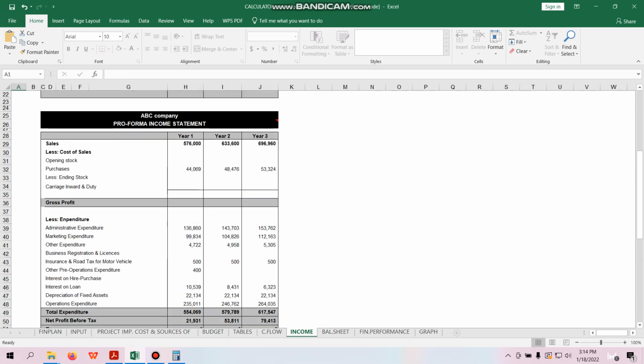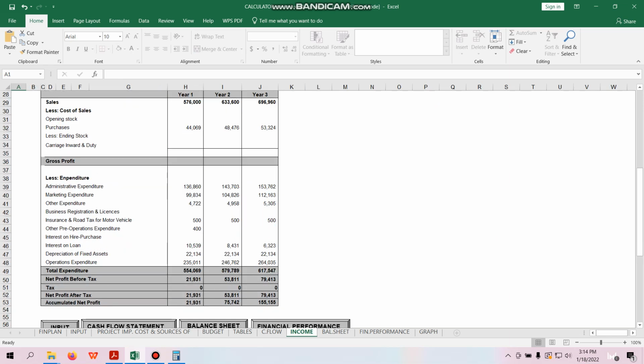Okay, so you see that here. After net before tax, once you put the tax, they will deduct that. Then we will have the net profit after tax. So you see that here the tax is zero. Why is that? Because this company is not required to pay the tax.